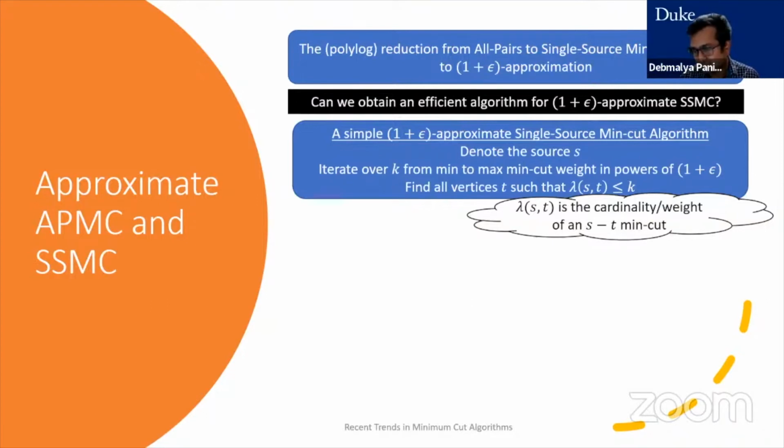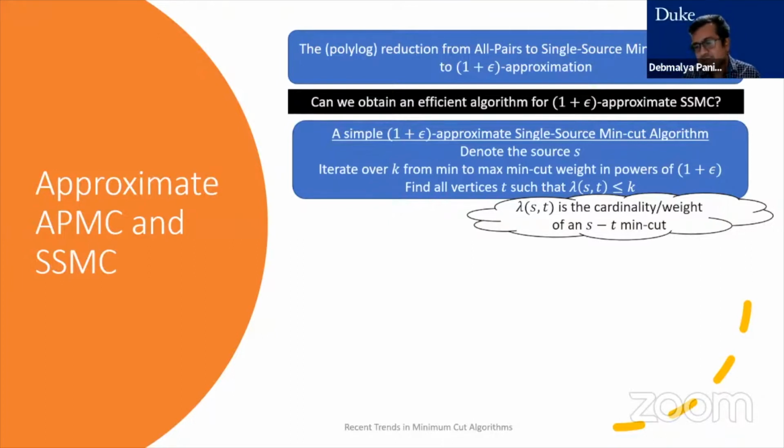The number of iterations is some polynomial in 1 over epsilon times some log factors in the size of the problem. Starting with the smallest possible value and going up to the largest value, these iterations are in multiplicative levels of 1 plus epsilon.